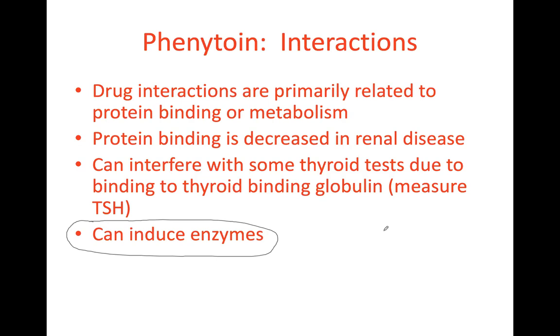It also means that sometimes they will induce their own enzymes, which means that over a period of time, they will start metabolizing themselves faster. So with phenytoin, we've got protein binding as a potential drug interaction, we've got enzyme induction, and we've also got that it can interfere with some thyroid tests.